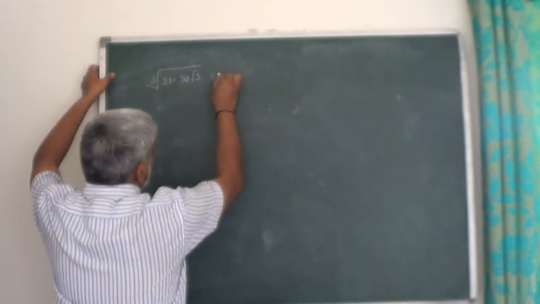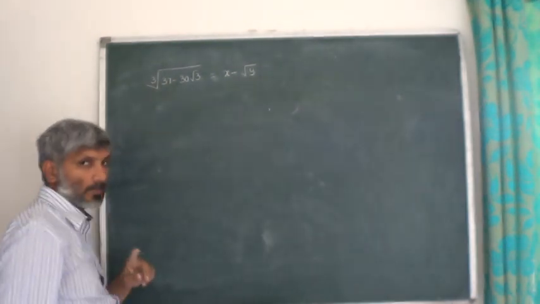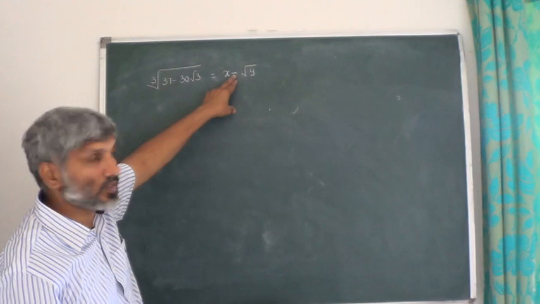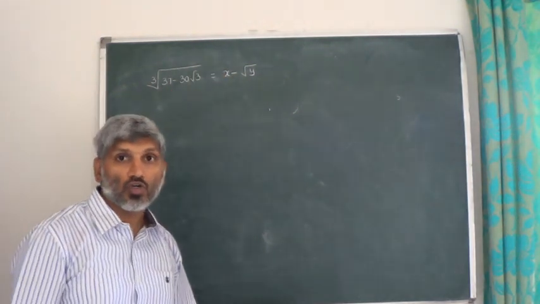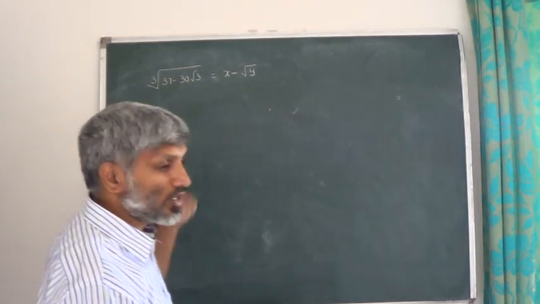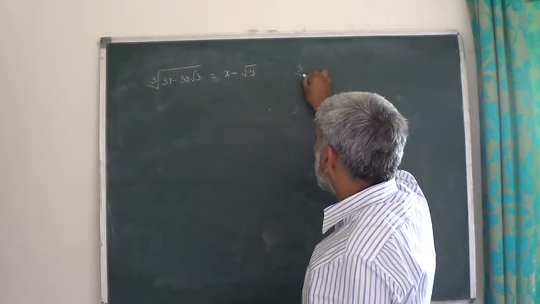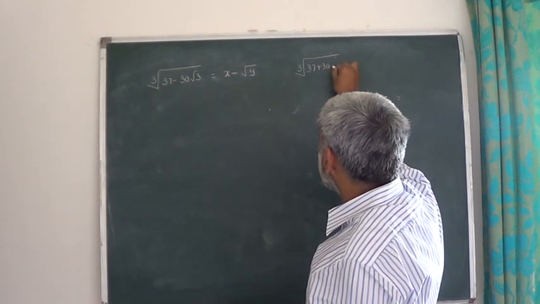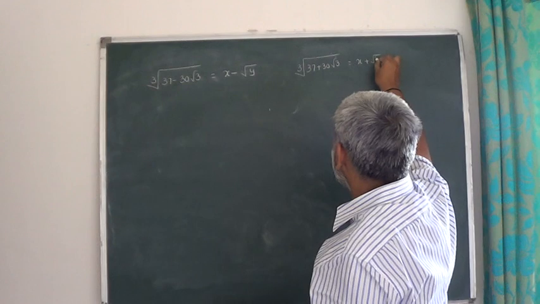Let us say its cube root is equal to x minus root y. If plus is there, consider plus; if minus is there, consider minus. Now what to do? Cubing on both sides. If plus is there, what will we get? We will get cube root of 37 plus 30 into root 3 equals x plus root y.